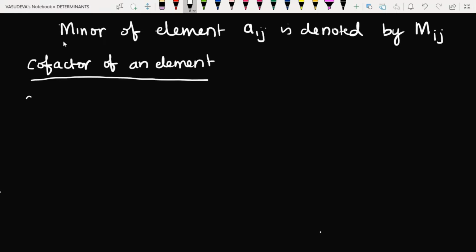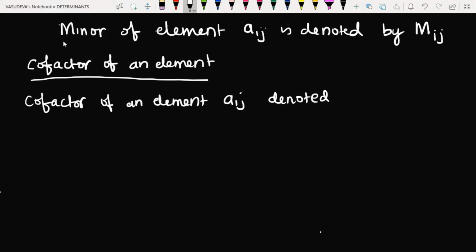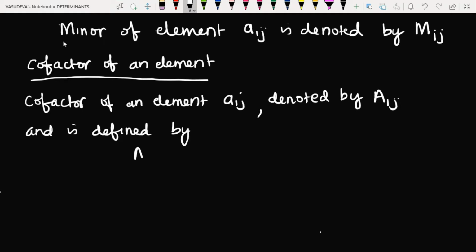Now the cofactor of an element Aij is denoted by capital letter Aij and is defined by Aij is equal to minus 1 to the power of i plus j into Mij, where Mij is the minor of the element Aij.